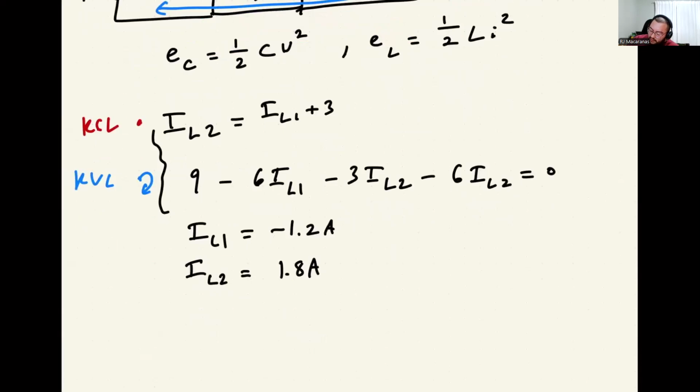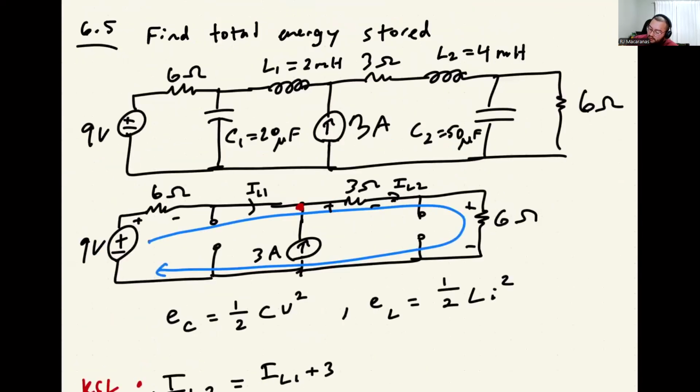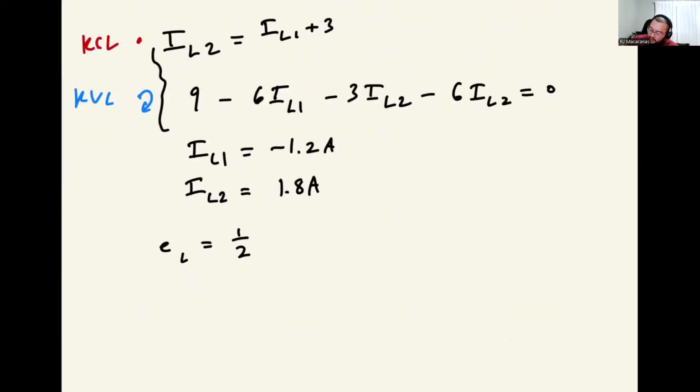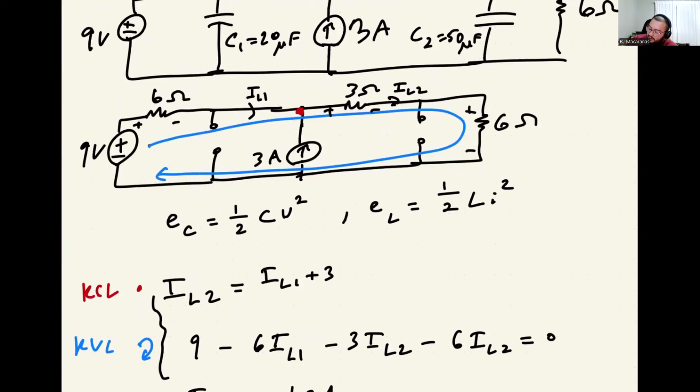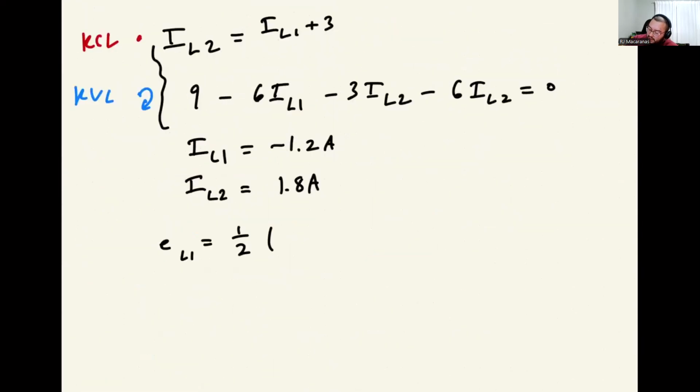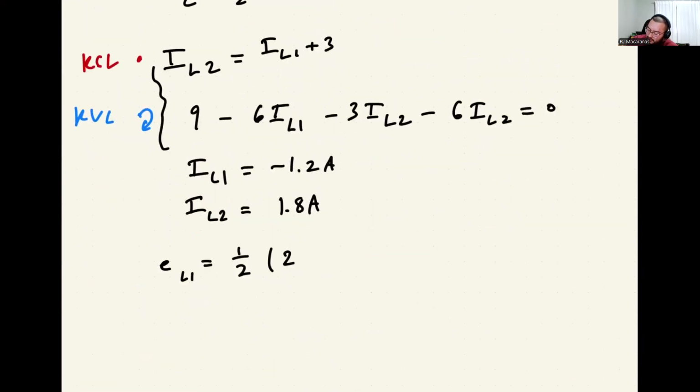That gives us directly the energy stored in both of these inductors. If I do the energy through L1, my inductance is 2 millihenries, and my current is minus 1.2 amps.